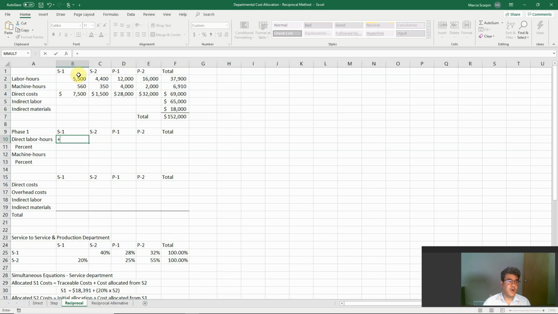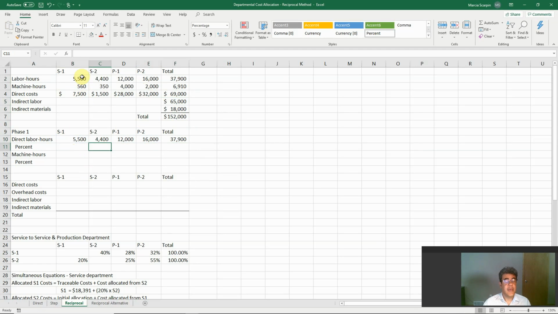So labor hours, here they are, production two, total, here they are. It's easier if we work with percentage instead of hours. So let's do the percentage, 5,500 divided by the total. Let's fix the total here and copy and paste.